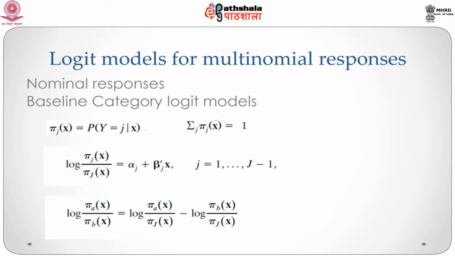The J-1 equations determine parameters for logits with other pairings of the response categories. This is because for any a and b, we can write log of pi_a(x) over pi_b(x) as the difference log of pi_a(x) over pi_J(x) minus log of pi_b(x) over pi_J(x).